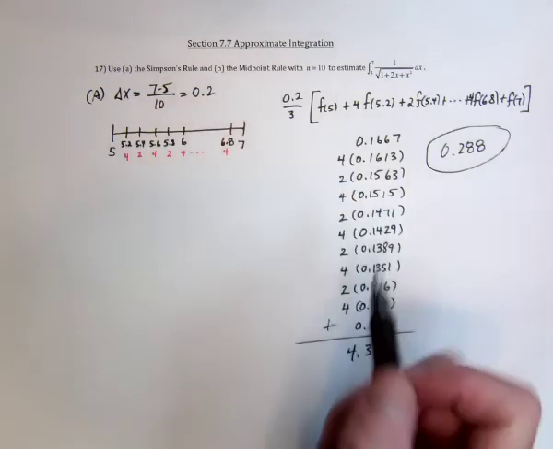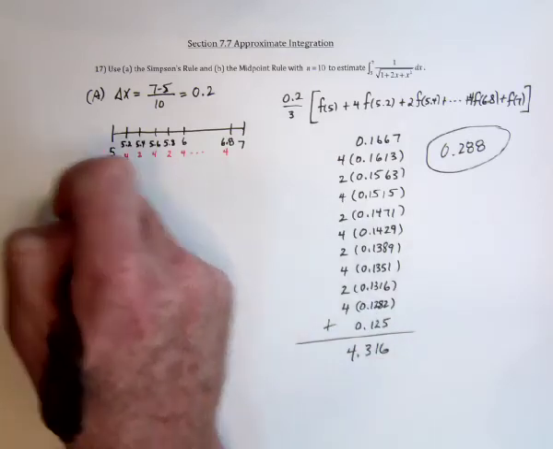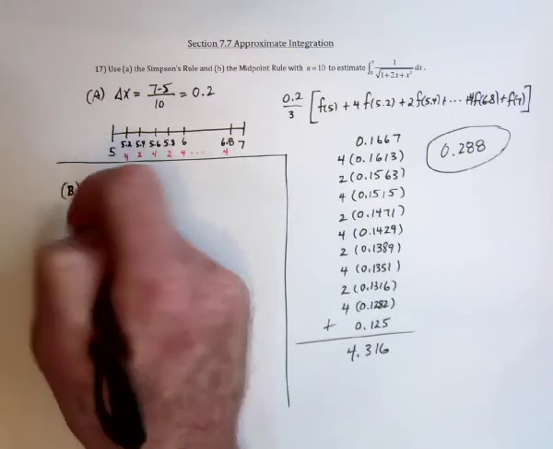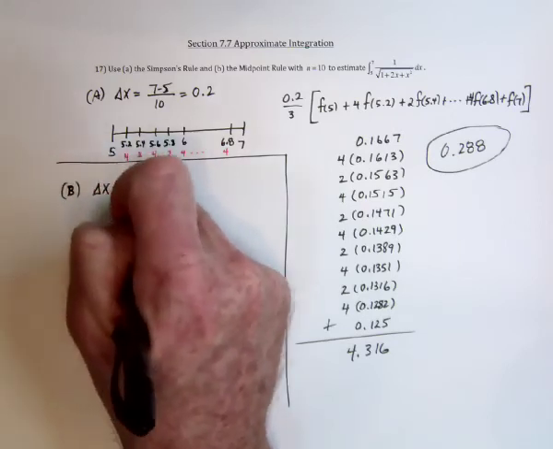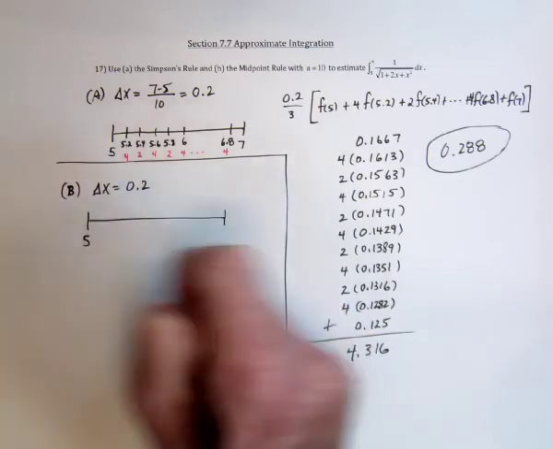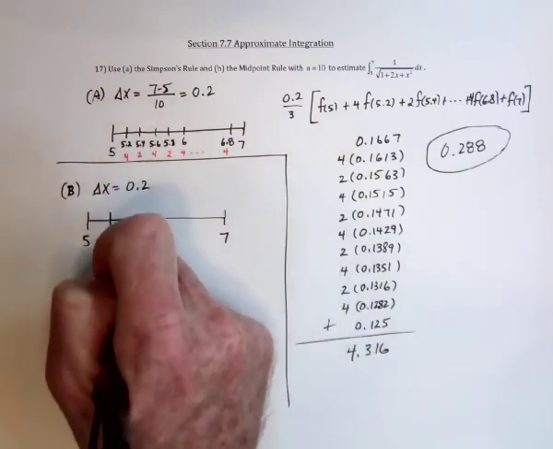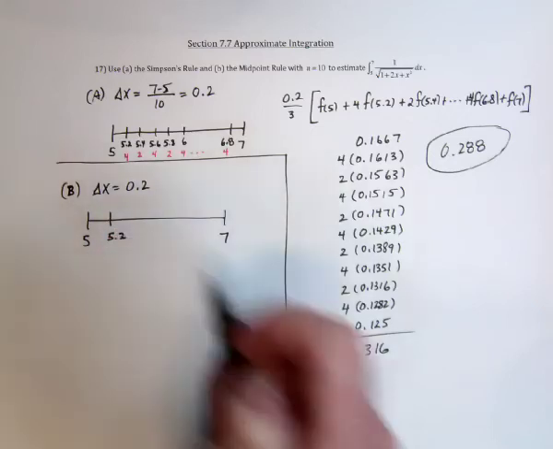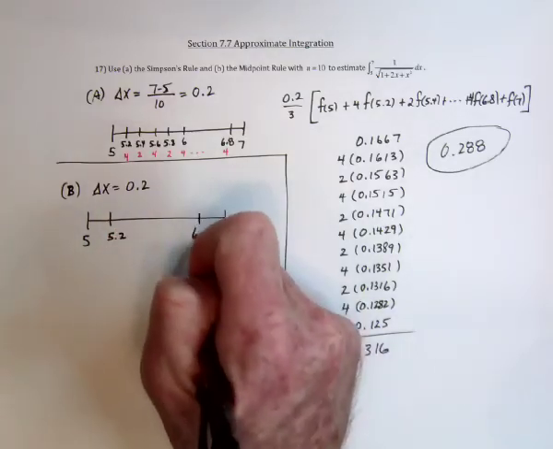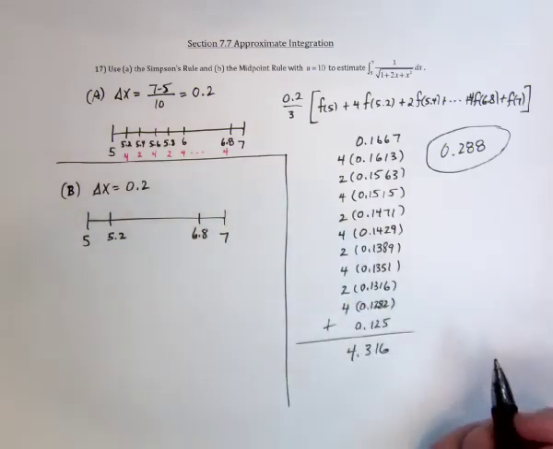The midpoint rule goes very fast, so for part B, again, delta x equals 0.2. The interval again goes from 5 to 7, so the first interval would go from 5 to 5.2. The last interval would go from 6.8 to 7.